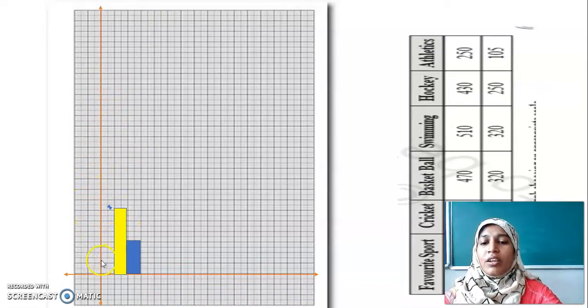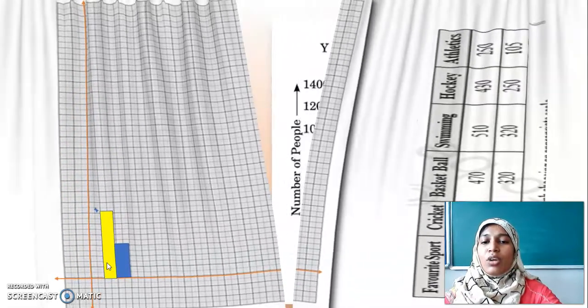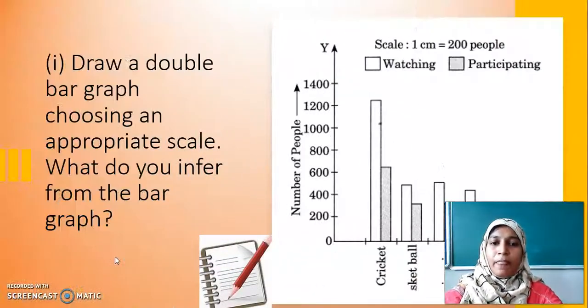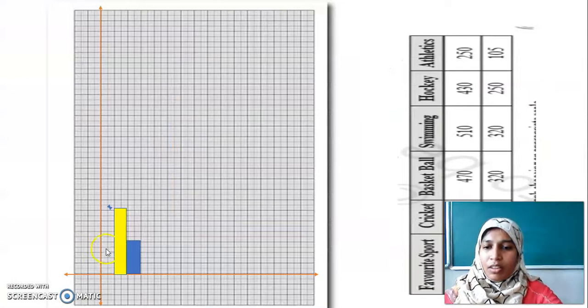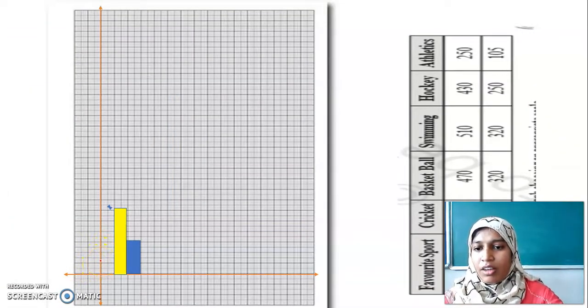So let me start with scale as 200. Here 200, then 400. Start plotting and writing in your graph note neatly. 200, 400, 600, 800, 1000, 1200, 1400. Likewise, it keeps on going.